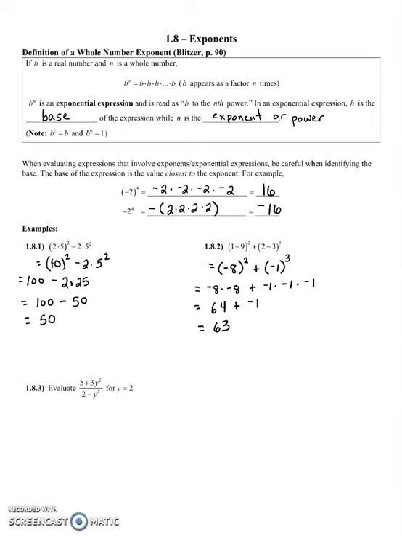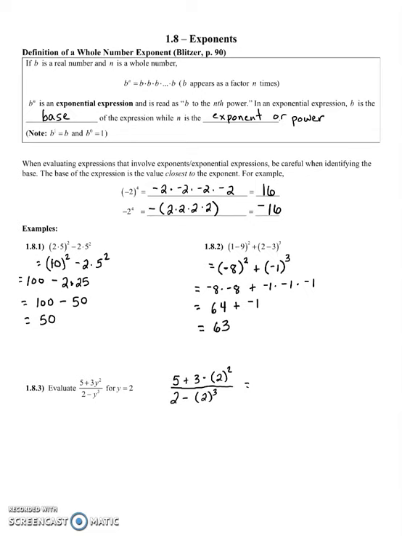Okay. Now for 1.8.3, we're going to plug 2 in for y and then evaluate. So we have 5 plus 3 times 2 squared, all over 2 minus 2 cubed.